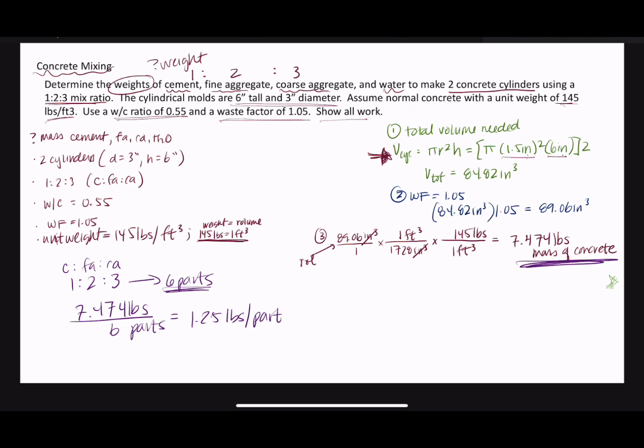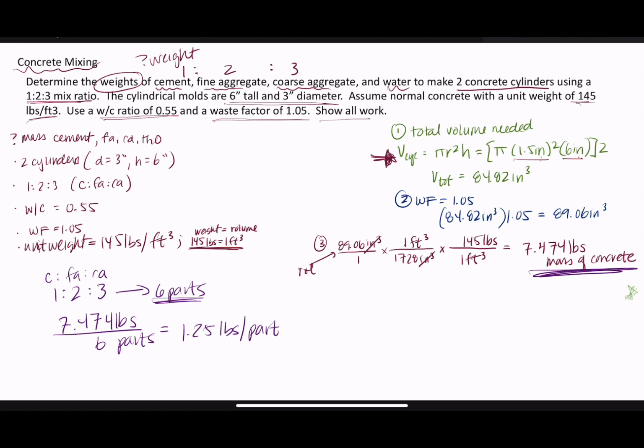Does that make sense? Which means that my cement is going to be 1.25 pounds. That means my fine aggregate is going to be 2 times that, so that would be 2.50 pounds.